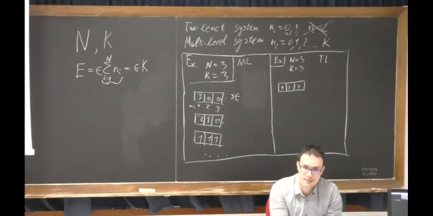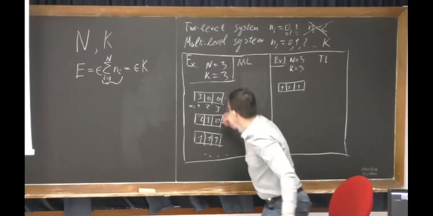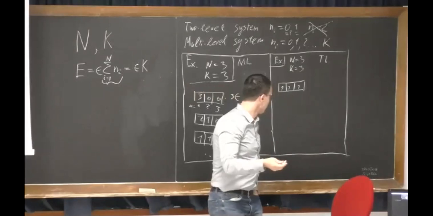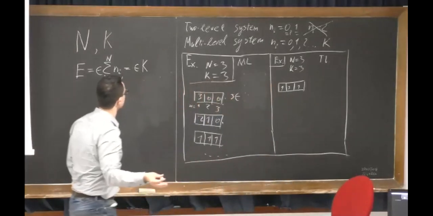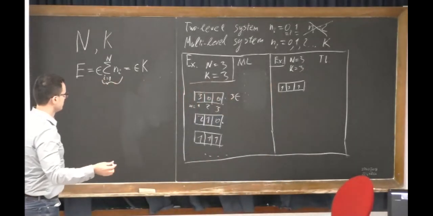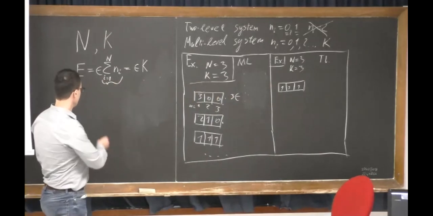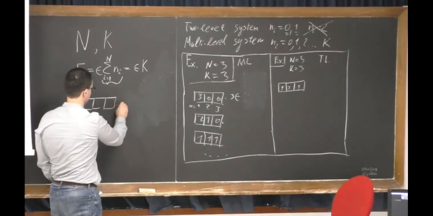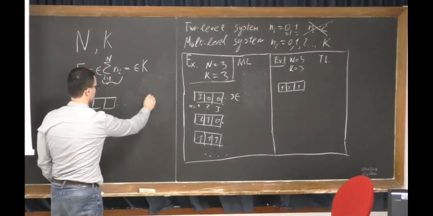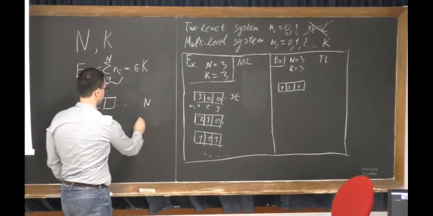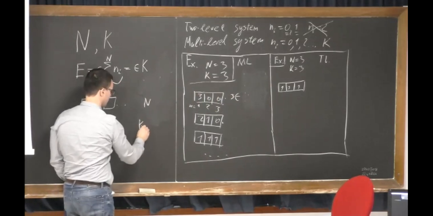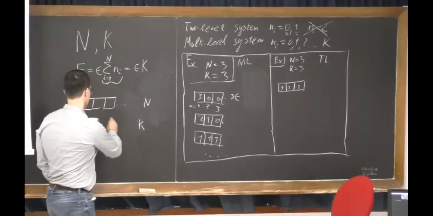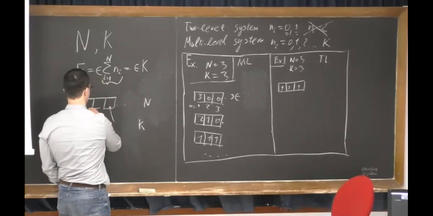Okay, we agreed that we need to count just the number of configurations, right? In this problem, I don't need you to derive this formula, but essentially we have n objects, and we have k things which we will put inside.